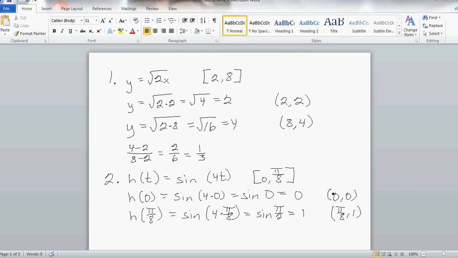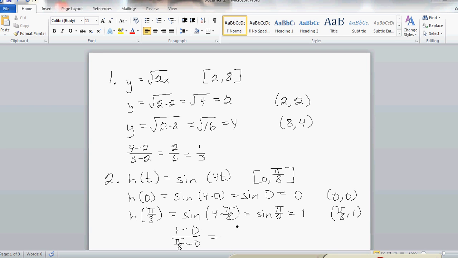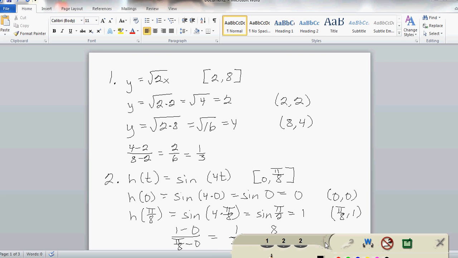Using these 2 points, we find the slope to be 1 minus 0 over pi over 8 minus 0, which is equal to 1 over pi over 8, which equals 8 over pi. And there is the average rate of change.